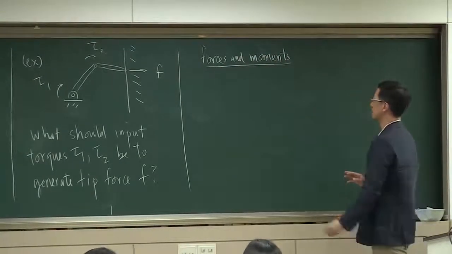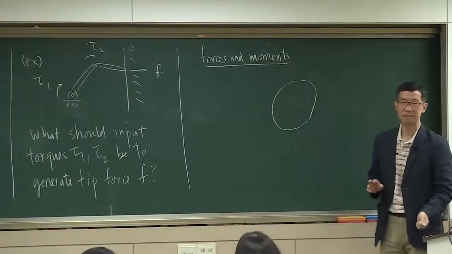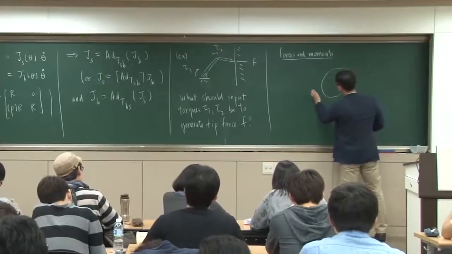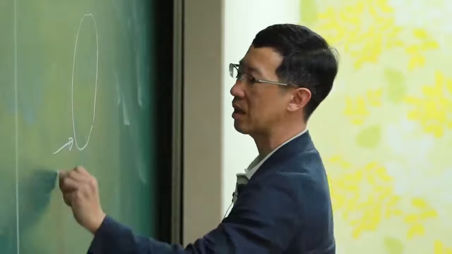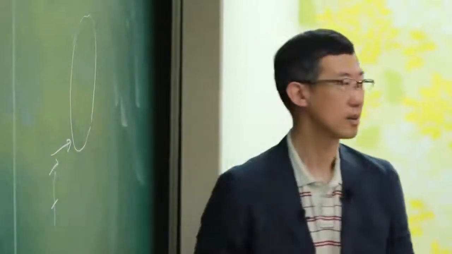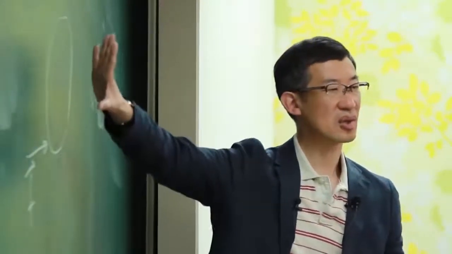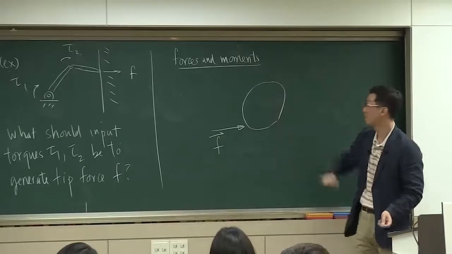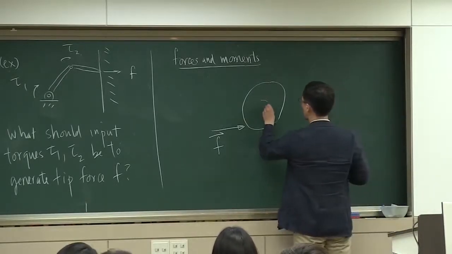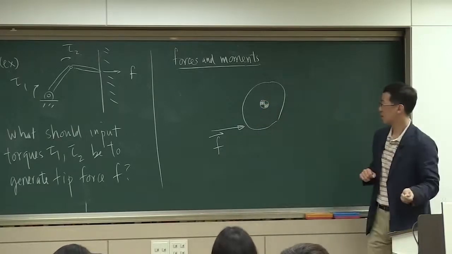If we have some rigid object and some force being applied, say that way, then this force is going to cause this object to move in some way. Let's suppose the center of mass is over here, and let's use the standard symbol to denote the center of mass.